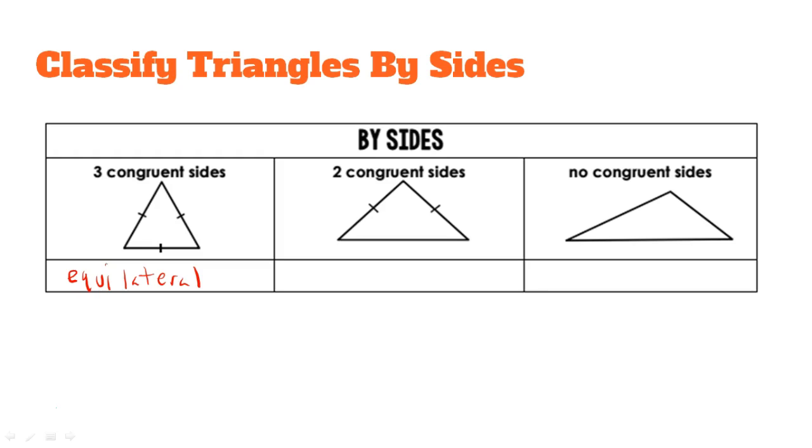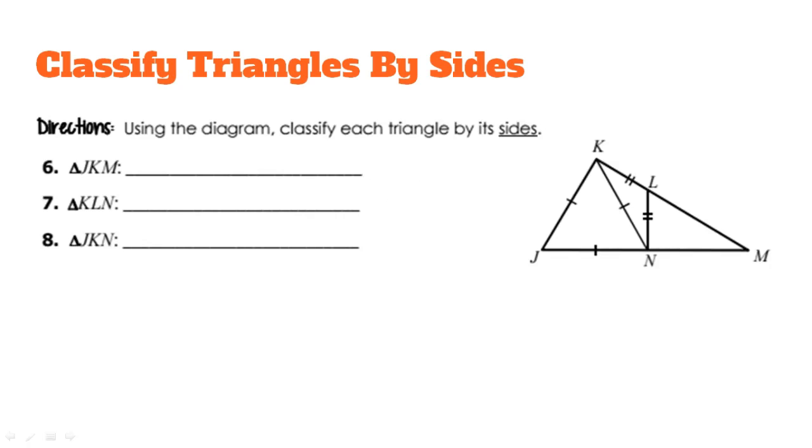If we have 2 congruent sides, we refer to this as an isosceles triangle. Isosceles, kind of a tough one to spell. And if there are no congruent sides, if they're all 3 different measures, we would call that a scalene triangle. Scalene.